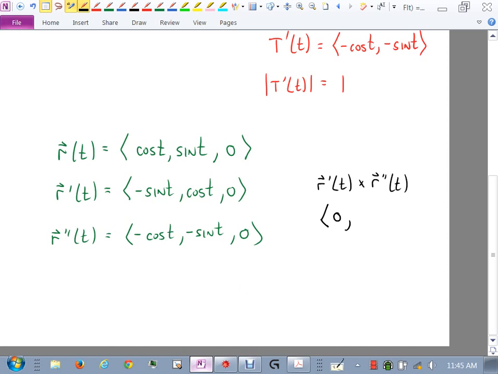And then when I do the middle one, what do I get? 0 again. And then when I do the k, I get what? Sine squared t minus negative cosine squared t, which is sine squared t plus cosine squared t, which is 1.